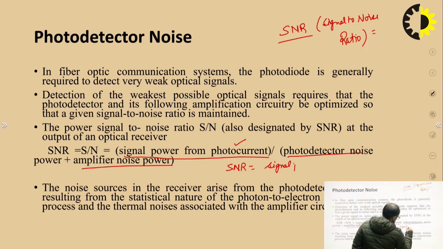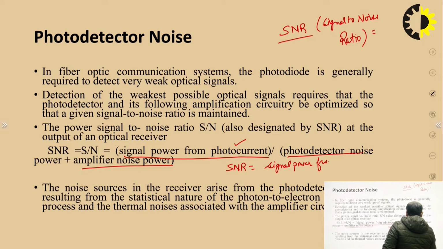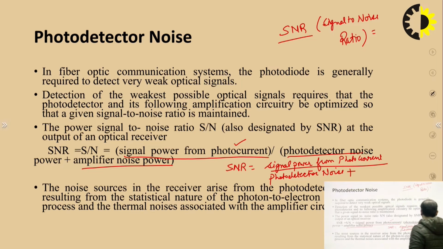So SNR is equal to the signal power from photocurrent divided by the photodetector noise plus noise due to the amplifier, means amplifier noise.